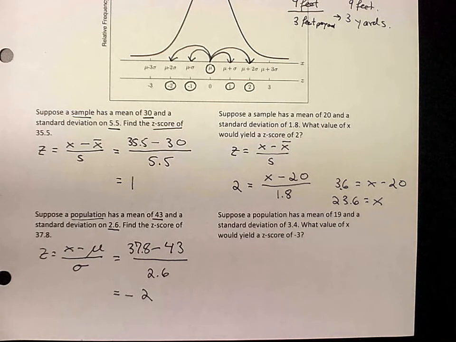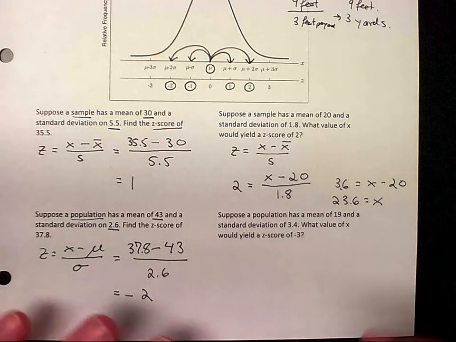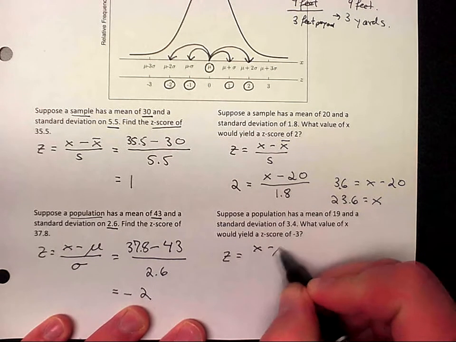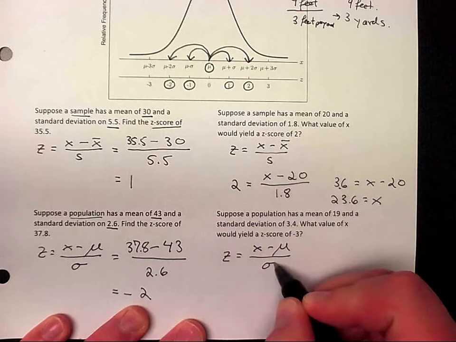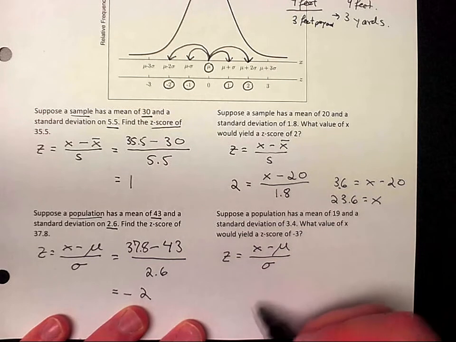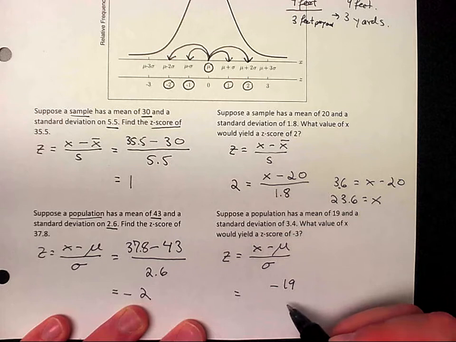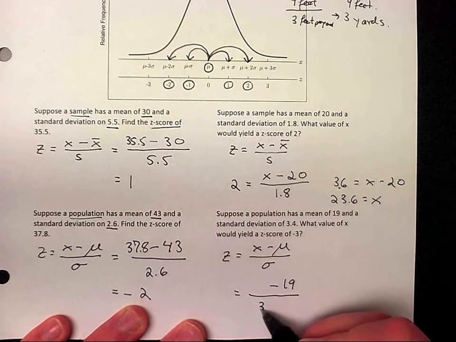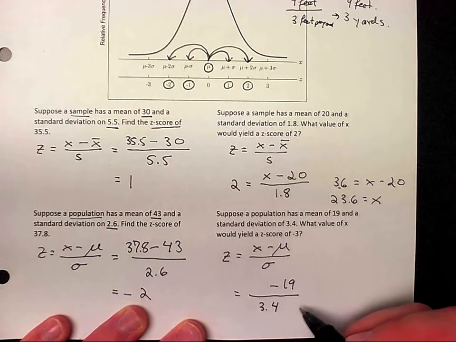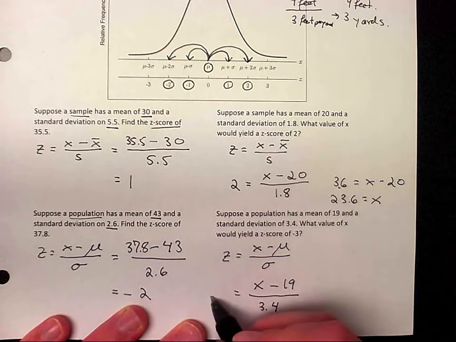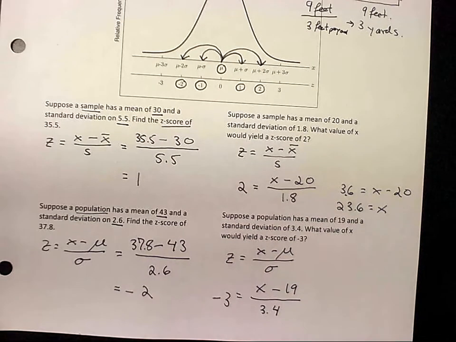Anybody need a little extra time? All right, so suppose a population, so z is equal to x minus mu over sigma, has a mean of 19 and a standard deviation of 3.4. What value of x would yield a z-score of negative 3?